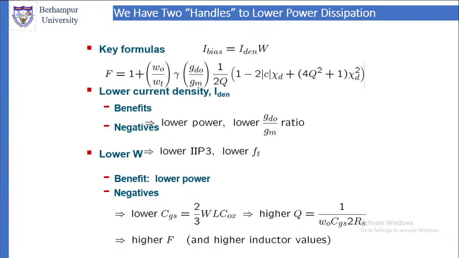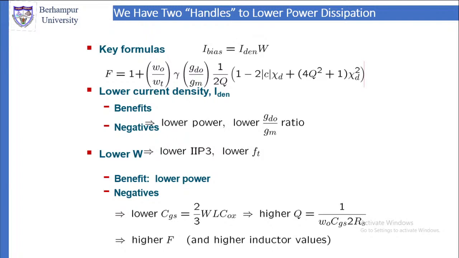The formula that we want to use here to handle this low power dissipation is the bias current. The expression for bias current is the current density IDEN into W. And the expression for the noise factor F is 1 plus omega 0 by omega t into gamma into GDO by GM into 1 upon 2Q whole into 1 minus 2 absolute C xi d plus 4Q square plus 1 that into xi d square.